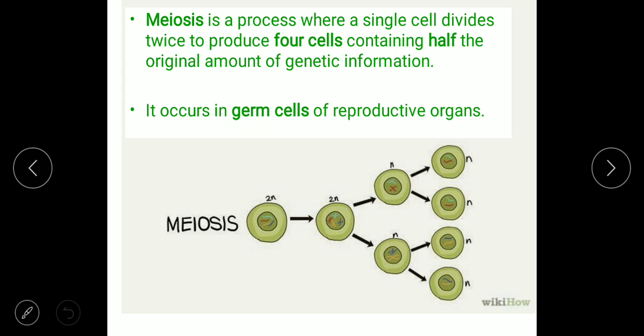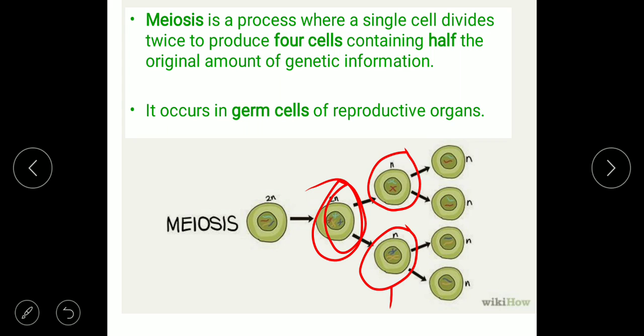Meiosis-I starts from one diploid cell. This diploid cell first undergoes the meiosis-I division, and after that the mother cell is divided into 2 haploid daughter cells.